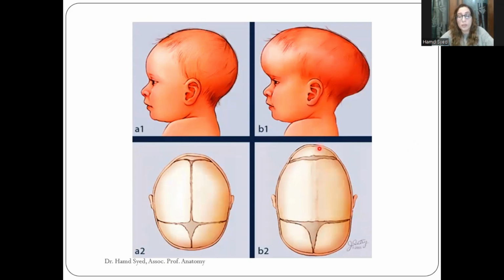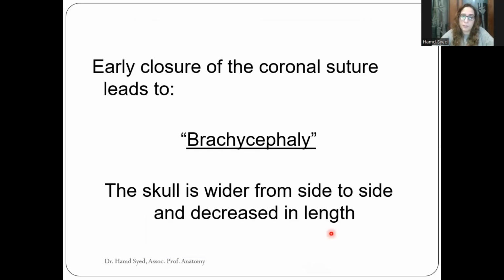If we look at this baby skull from above and compare it with the normal skull, we can see that in case of scaphocephaly, there is premature closure of the sagittal suture, and brain growth will take place and cause compensated expansion in the anterior and posterior directions, leading to a long and narrow skull, which is known as scaphocephaly.